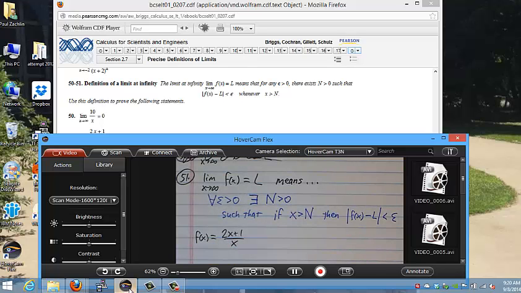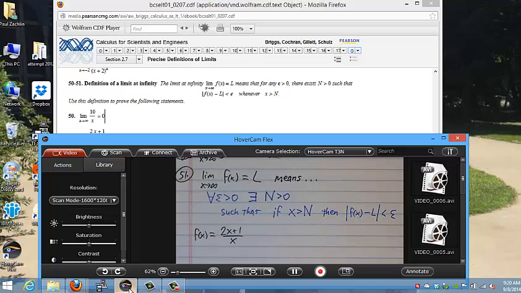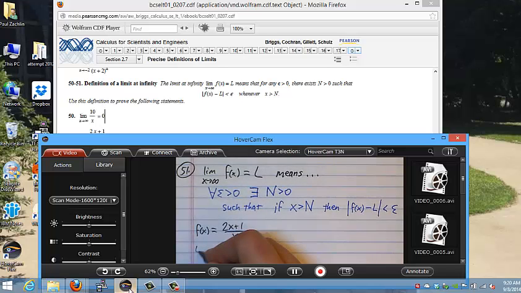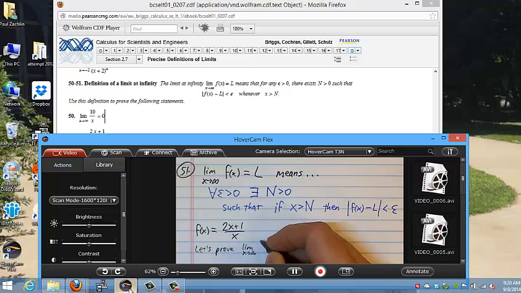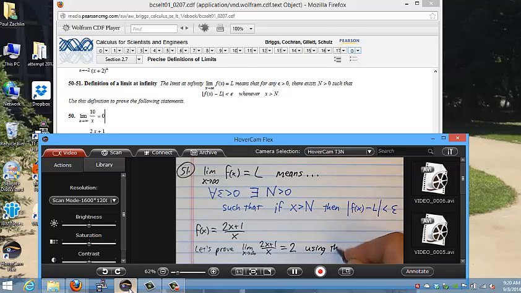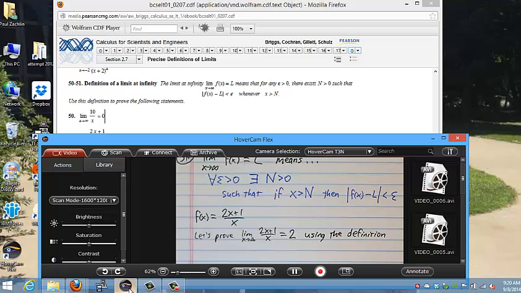So here's the problem. Let's prove that the limit as x goes to infinity of 2x plus 1 over x equals 2 using the definition. And then I'm going to say, let's draw a sketch. Also draw a sketch.